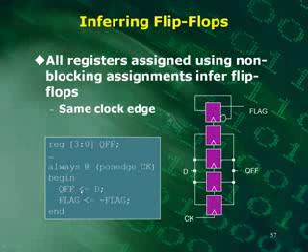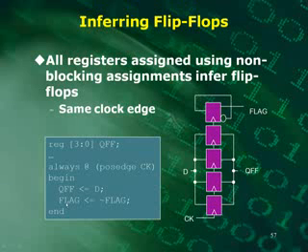We set QFF equal to D. So since QFF is 4 bits wide, this is what we get here. This D would be 4 bits wide here too. I didn't write that in the notation here, but this would be 4 bits wide, and then each bit would go to a flip-flop, and this is 4 bits wide on the output.